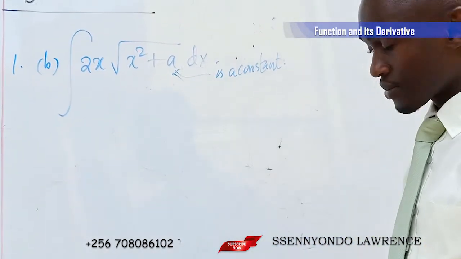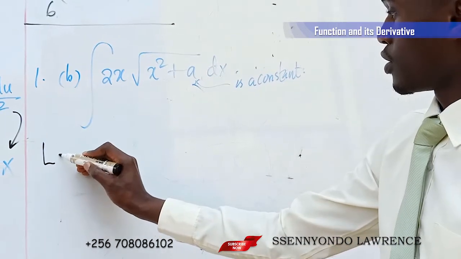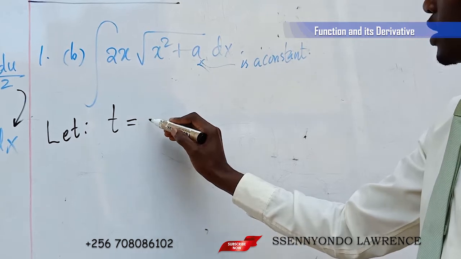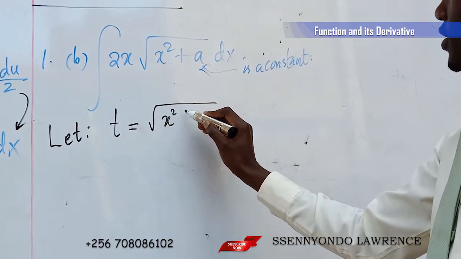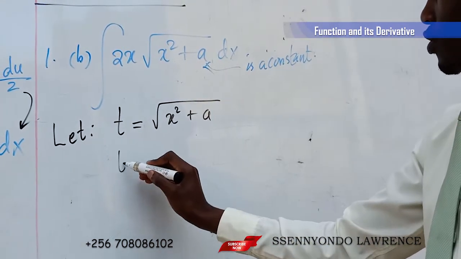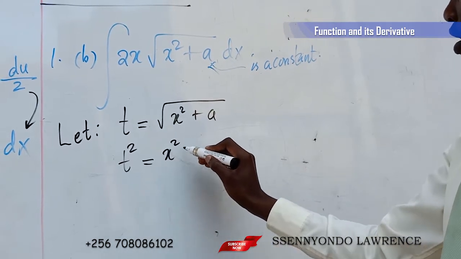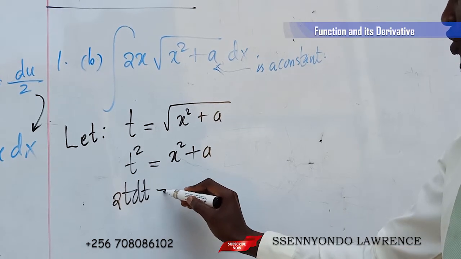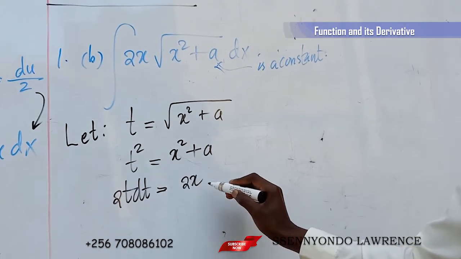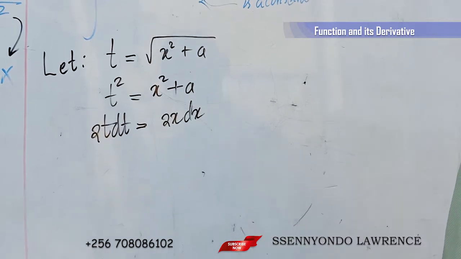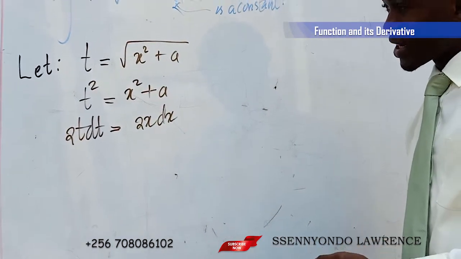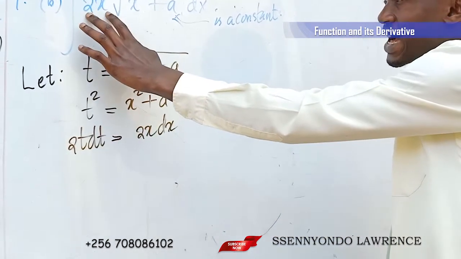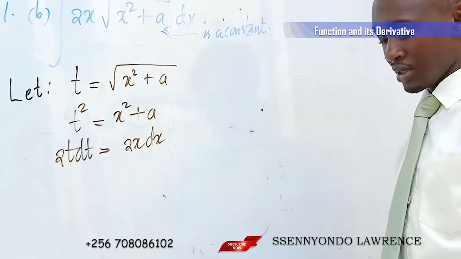So when you let, for example, t to be the square root of x squared plus a, square both sides, t squared is x squared plus a. Differentiate: 2t dt is equal to 2x dx. This time around, the quantity I get, 2x as the derivative, is as it is expected in the question.